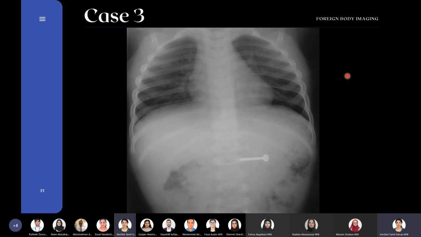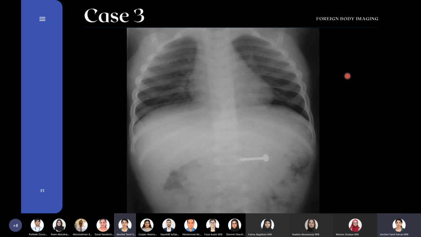To the next case. What do you guys think? Is this an X-ray or an MRI? This is an X-ray, yes. What view is it?